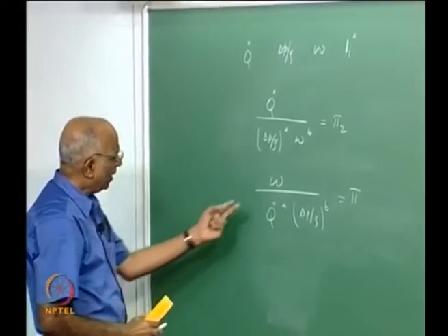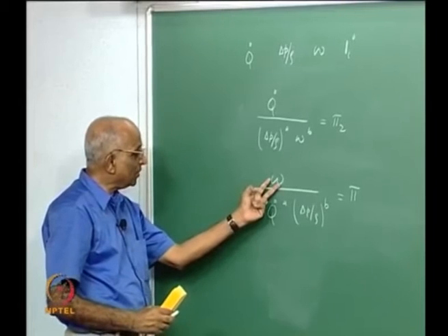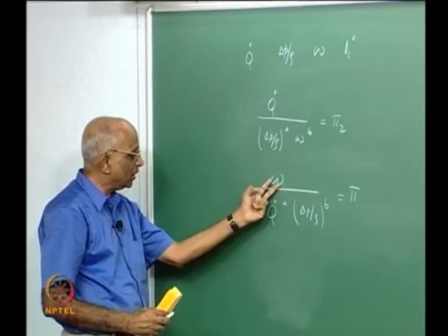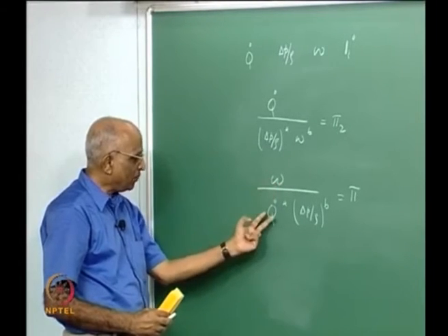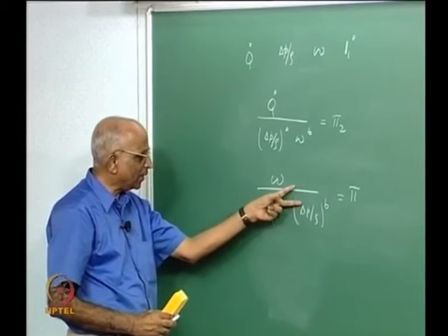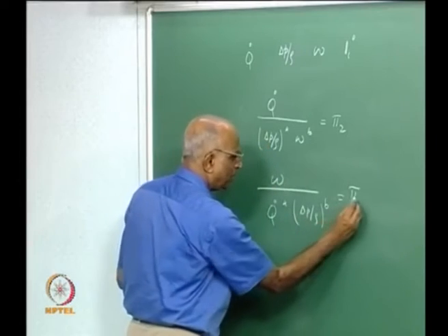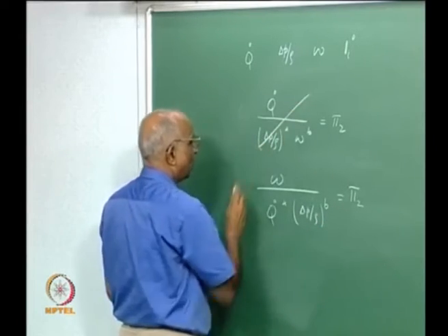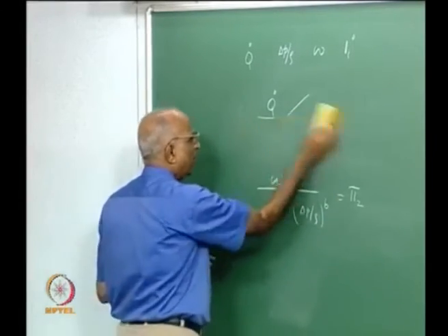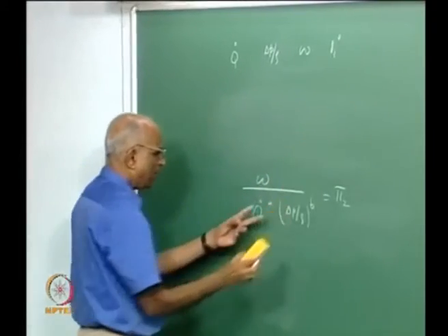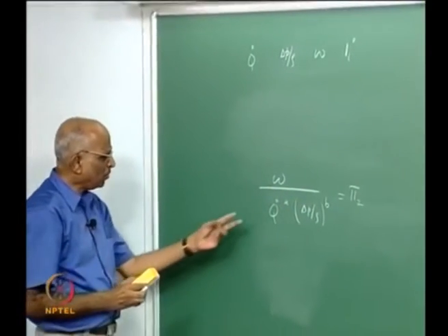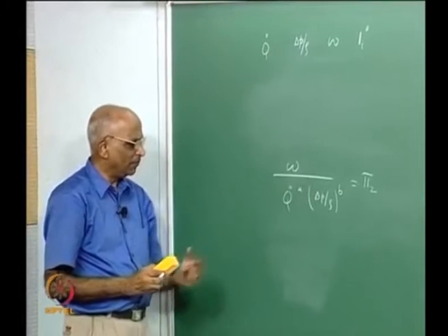In other words, I would like some non-dimensionalizing to be done for the speed of the system as a function of flow rate and this, whether I can derive a non-dimensional term here. That means I consider pi 2 to be here rather than this value, and if I were to now erase it and say my pi 2 is going to be here, what should be my value of a and b?